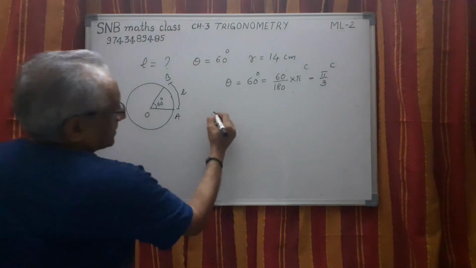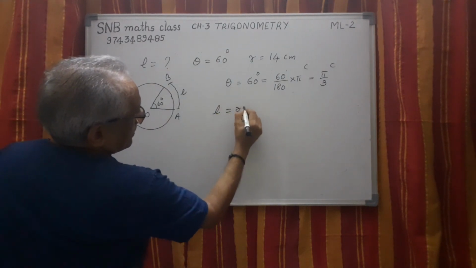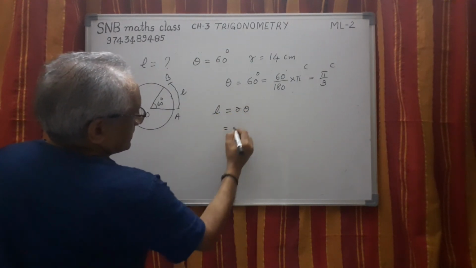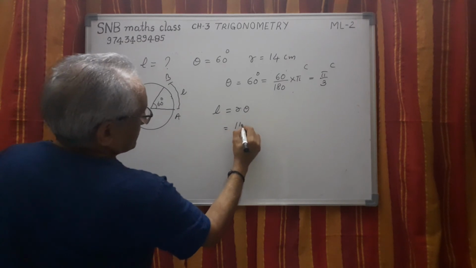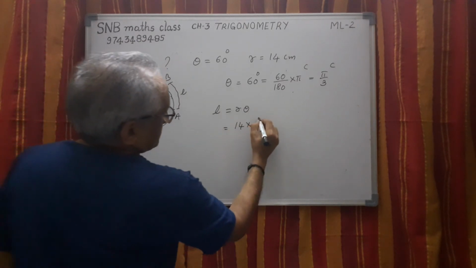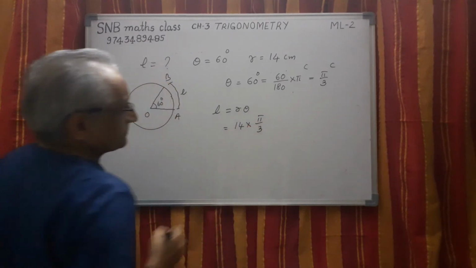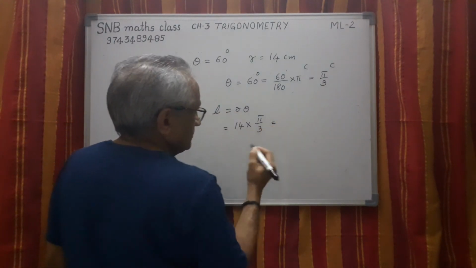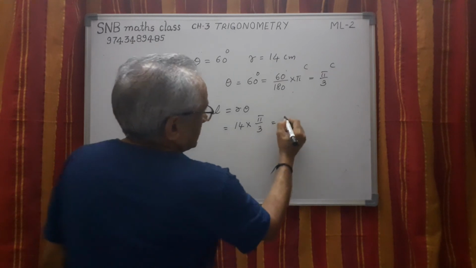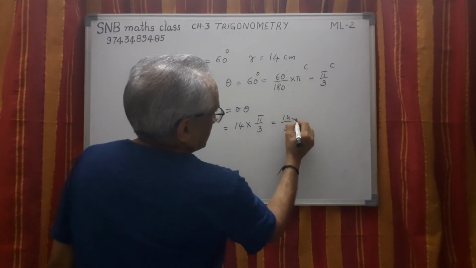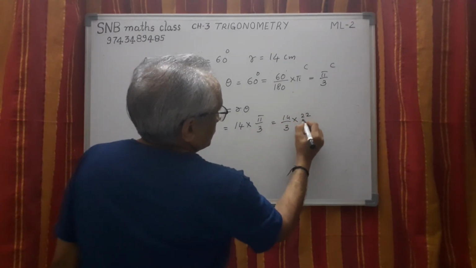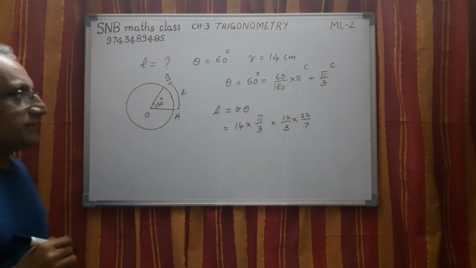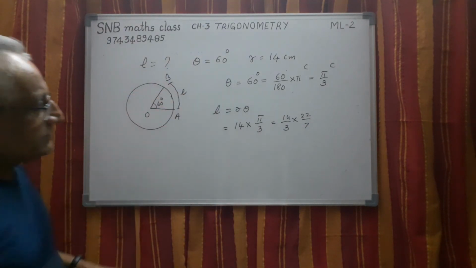Now we have to use the result L equal to r theta. r is 14, into theta is pi by 3. Of course, this itself is our answer, but if you want to simplify this further, you can take 14 by 3 into say 22 by 7, if you want to convert further.